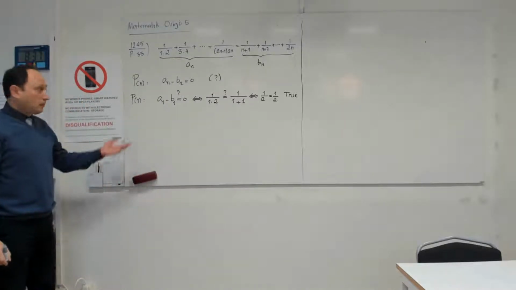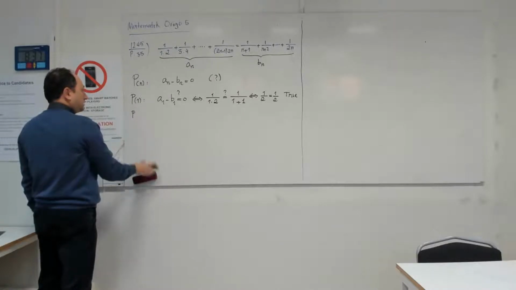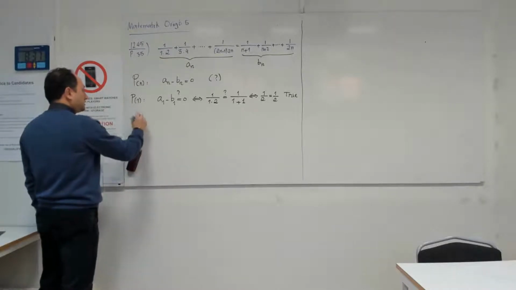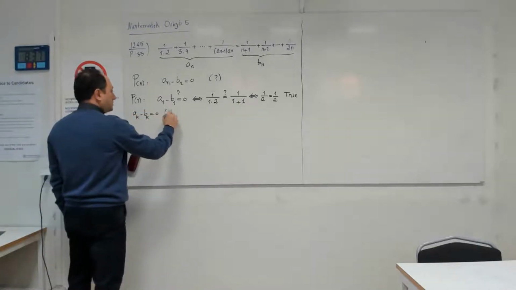Yes? Now we assume that Pk is true. So let me write it like this: I assume that Ak minus Bk is equal to 0, assumed to be true.